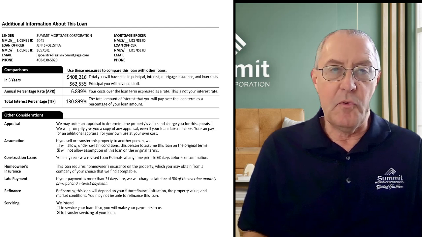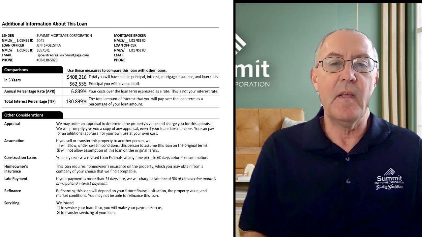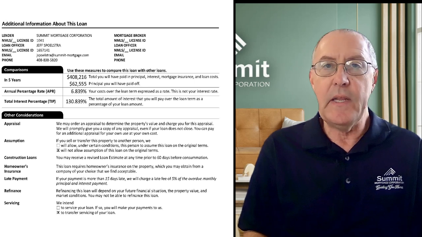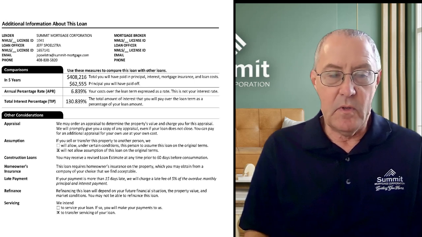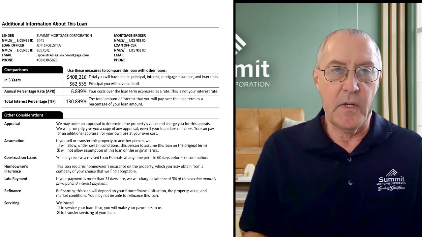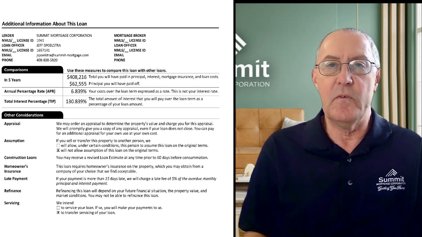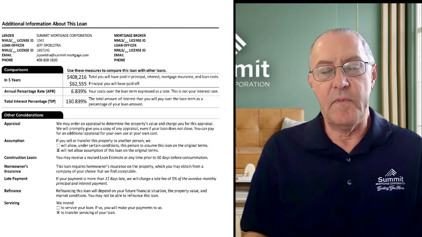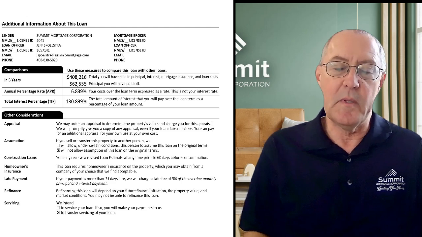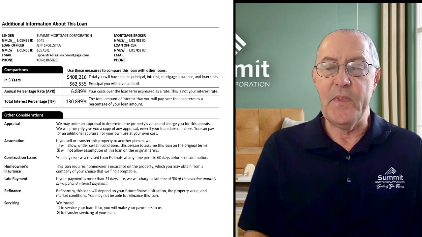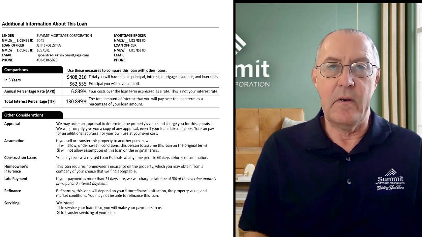The other, probably most important section here is servicing. This will tell you if the lender is going to keep your loan and if you're going to be making your mortgage payments to the lender that you got this LE from, or if they're going to sell it to somebody else and you will ultimately be making your payment to a different investor or a different lender.